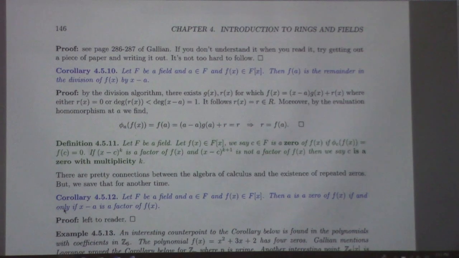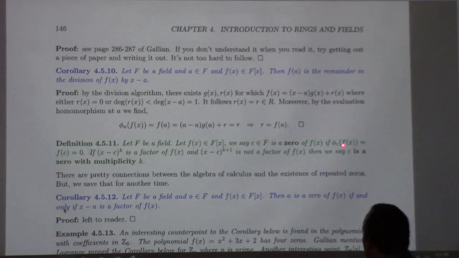And you can also define zeros of a particular order. We say that C is a zero of f of x if, when we evaluate the polynomial at C, we get 0, right?